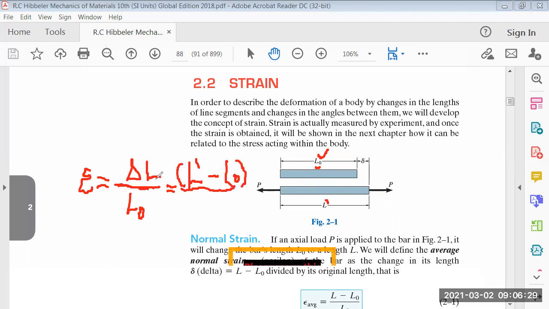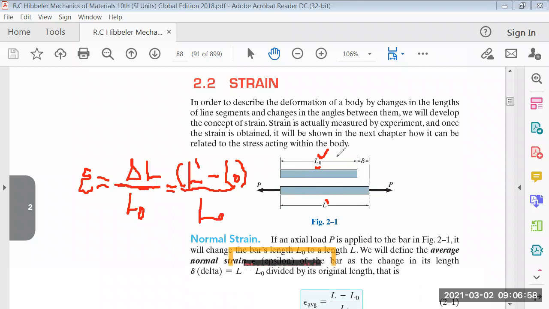So delta L means L prime, the new length that you've got after applying the force along the element, minus its original length, the element had prior to the load application, over the original length.